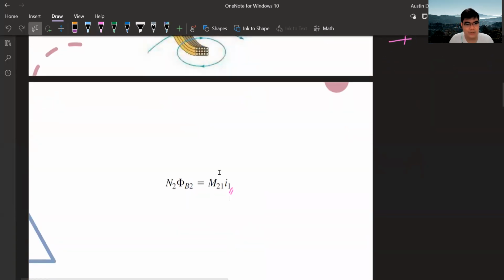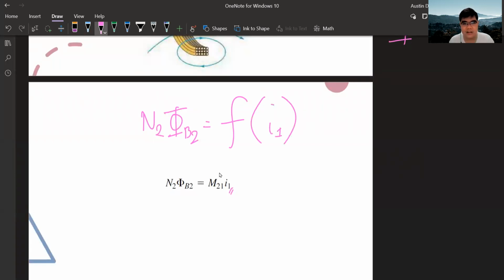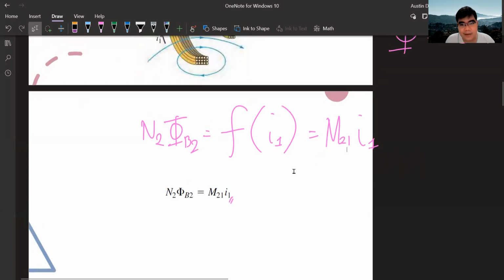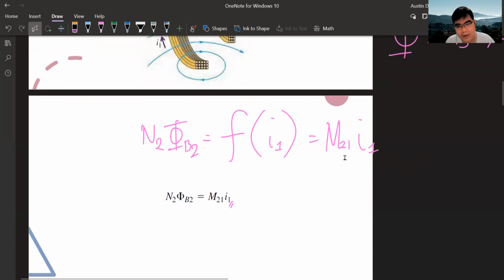Alam natin si phi, mag-change lang siya pag nagbago yung current. So gumawa tayo ng function ng current. Syempre, pinakamadaling function na pwede natin ilagay is I1, and then lagyan lang natin siya ng constant M21. Ibig sabihin, ito yung constant na nasa property ni 2 that is coming from 1.